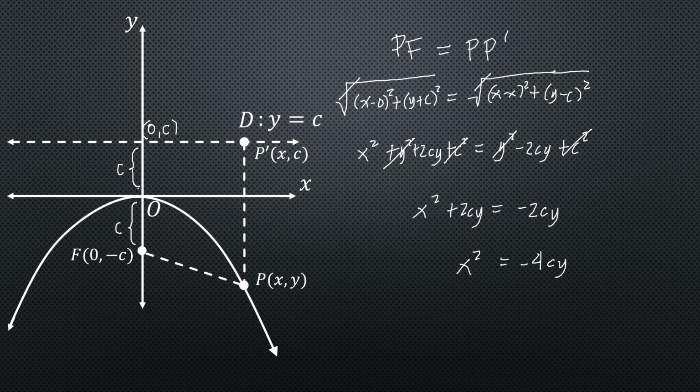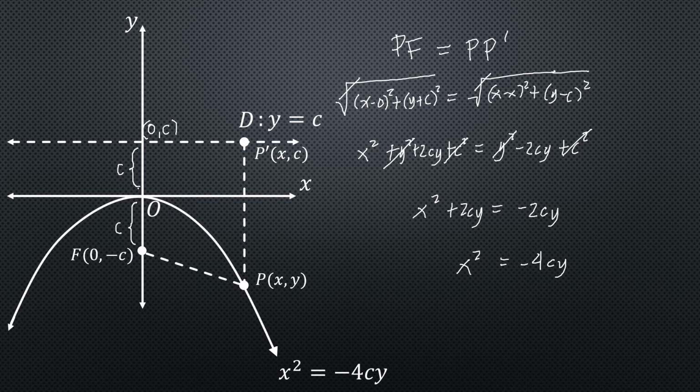Hence, the equation of the parabola that opens downward with vertex at the origin is x squared equals negative 4cy, where c is not equal to 0. Notice that in the parabola that opens upward, passing through the origin, the equation is x squared equals 4cy.